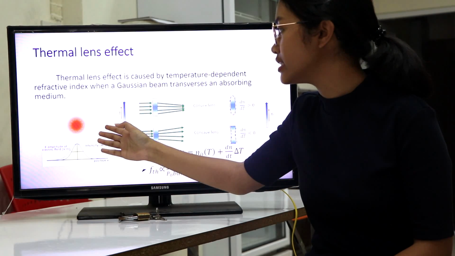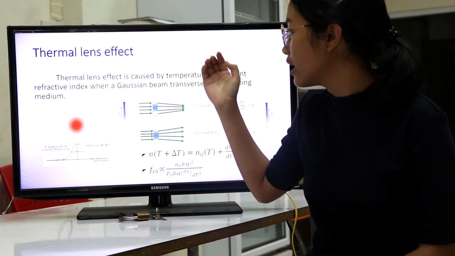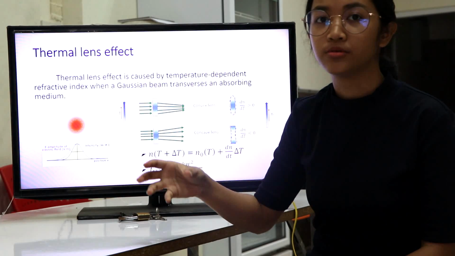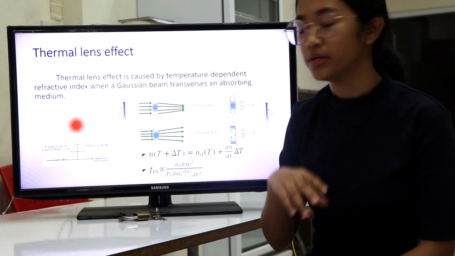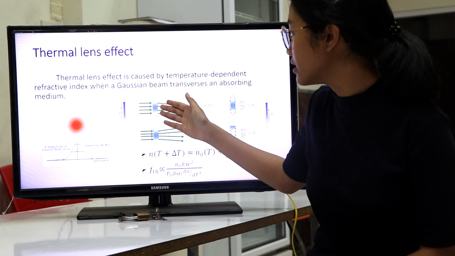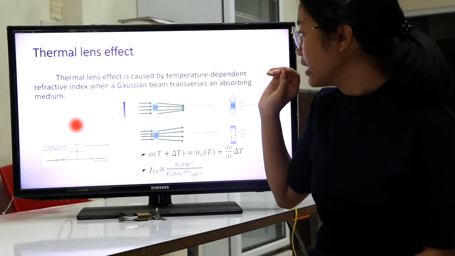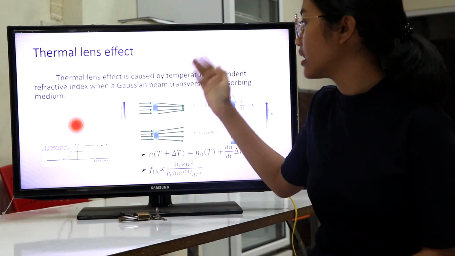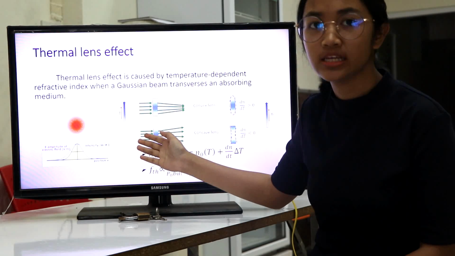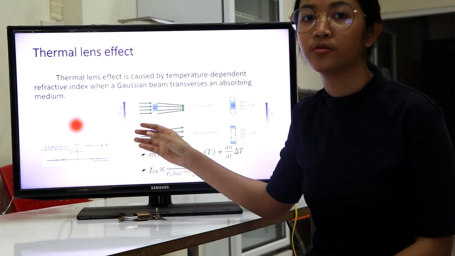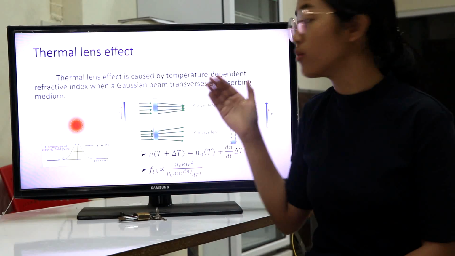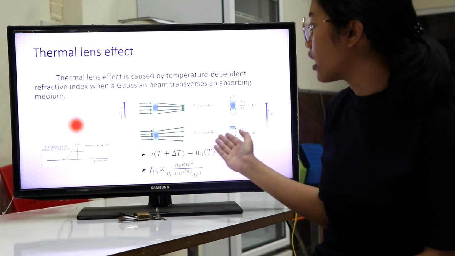Because of the intensity, the electromagnetic energy is converted to heat and absorbed by our medium, and it causes a temperature gradient, and the temperature gradient changes the density of our medium, so it can cause a refractive index gradient.